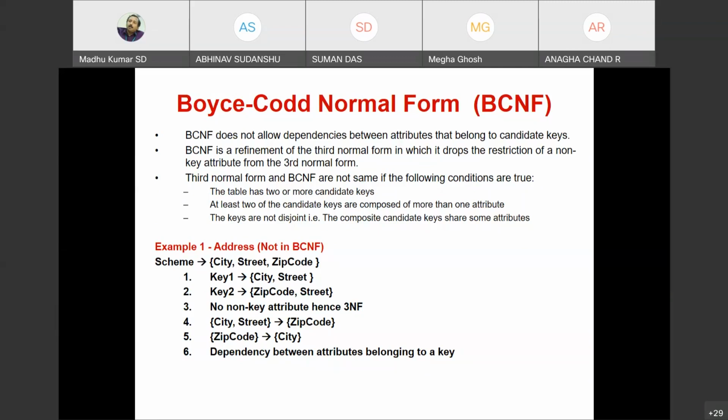It is stated independently, without any explicit reference to 3NF, 2NF, etc. That is one difference. The second important point is that all BCNF relations are automatically 3NF relations, but all 3NF relations need not be in BCNF.